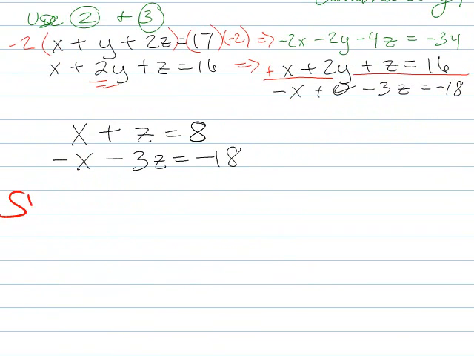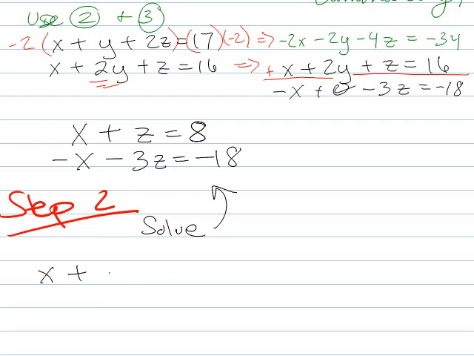Alright, so I'm going to move on to step 2, and that would be to actually solve this system. And actually, this is really nice because this is all primed up and ready for our addition method. Minus 3z. What can I do to this immediately? It's already ready for me to add straight down, right?